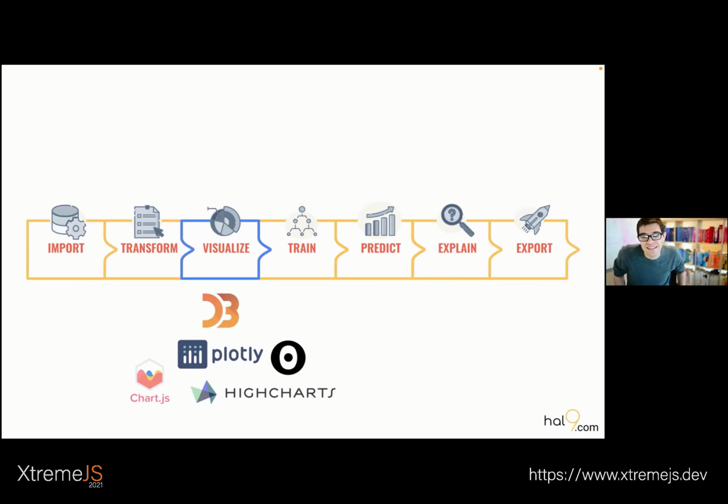CSS is a visualization library, right? HTML and CSS allow us to take raw data in JavaScript and convert it to something that we can visualize. We can get into details here, but you already know how to do data visualization in JavaScript if you know a little bit of JavaScript, which I think is great, right?